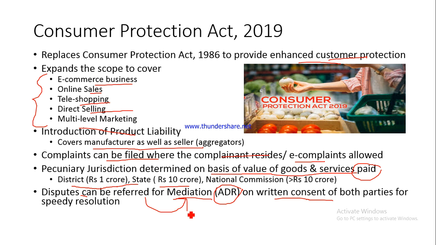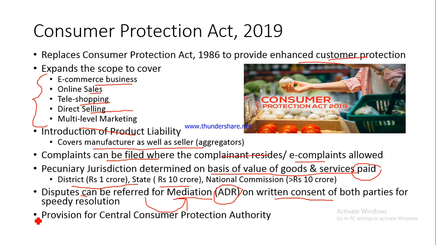If either of the parties is not consenting, then it would not be possible for the forum to refer the dispute for mediation. The whole objective behind doing this is to speed up the resolution of the dispute. So this is how changes have been brought about in the Consumer Protection Act 2019. I hope you have understood this.